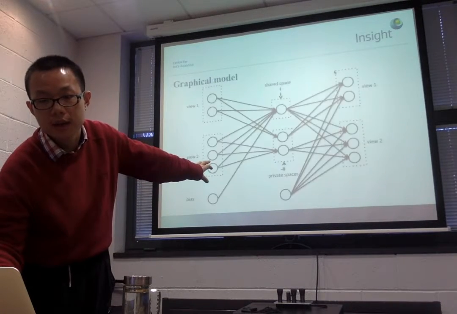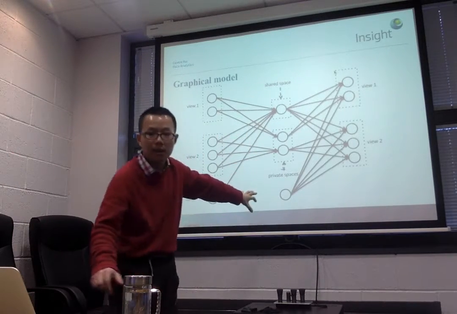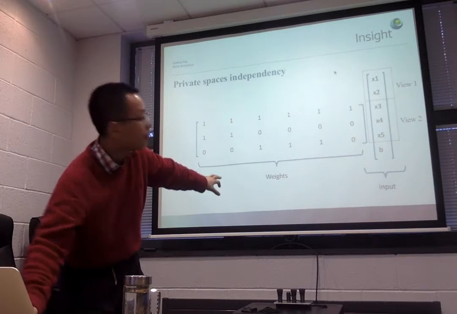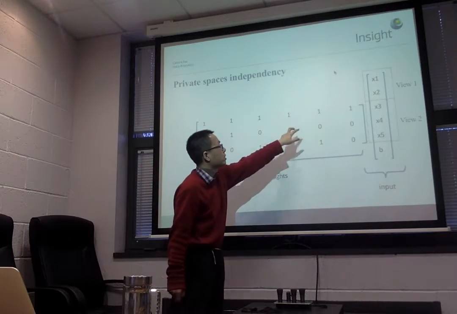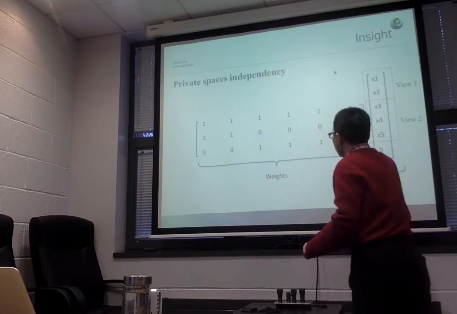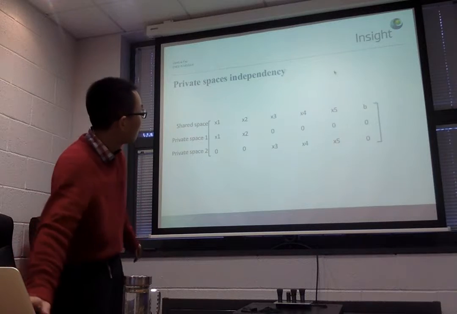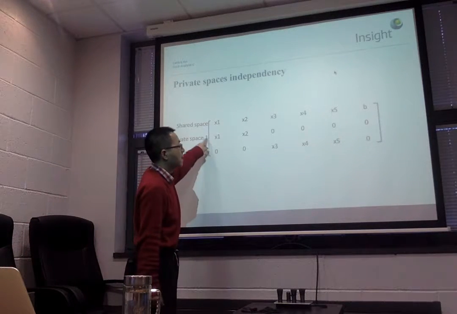Yeah, those are the explanations. In order to make the shared space orthogonal to those, because those are disconnections. So here is the input. If you use the input to multiply the weights, and this is the hidden layer.